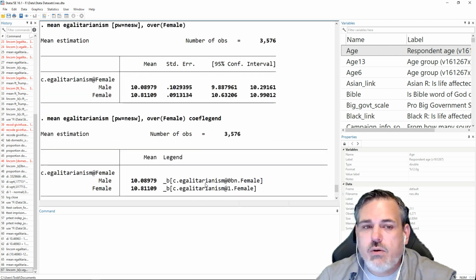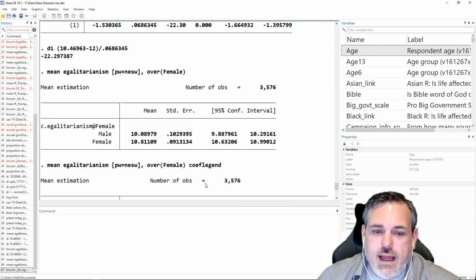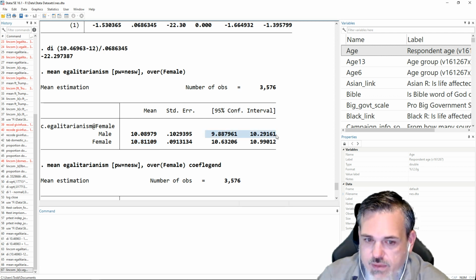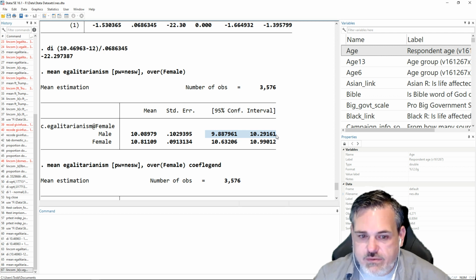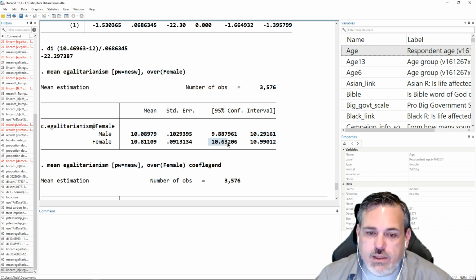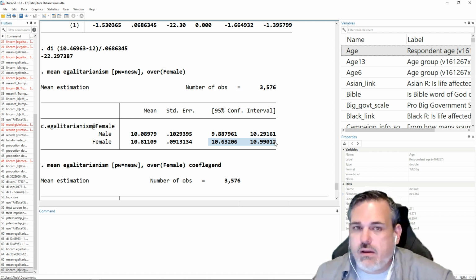But let's actually go up and look at the confidence intervals here. The confidence interval for males was 9.8 to 10.2. The female score is 10.8, so it lies outside of the male's 95% confidence interval. And the male score, which is 10.0, lies outside of the female confidence interval.